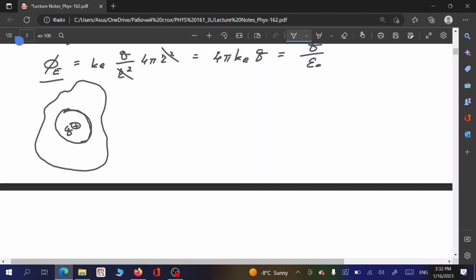So let's say that the magnitude of this electric charge is enough to create these 4 electric field lines.